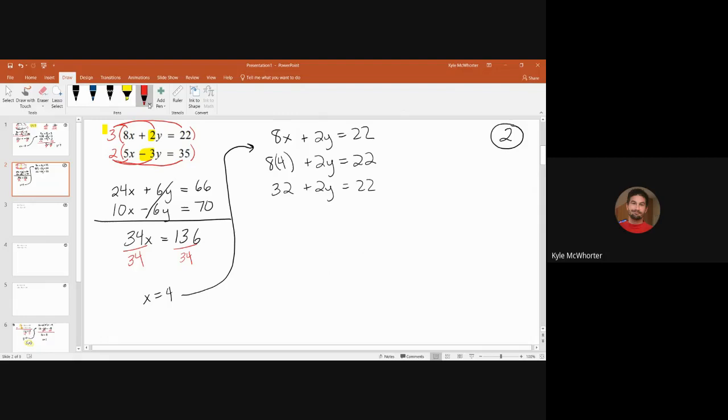So to solve for y, we're going to need to subtract 32 from both sides and then divide by 2. So then we got 2y equals negative 10. Divide both sides by 2. We get y equals negative 5. So our solution is 4, negative 5.